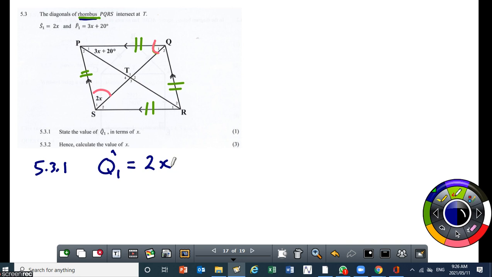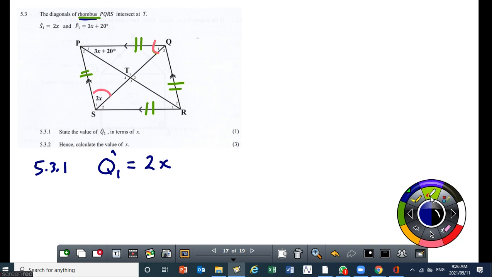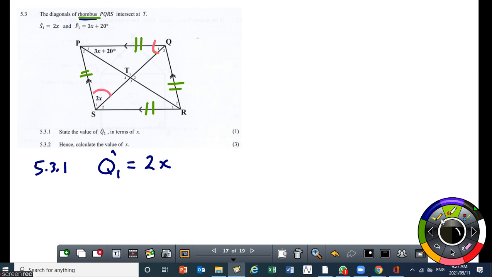Then, from there now, let's calculate the value of x. To calculate the value of x, there are many ways of doing it. In my case, I'm going to do it this way. So for 5.3.2, first I'm going to determine the size of P2.